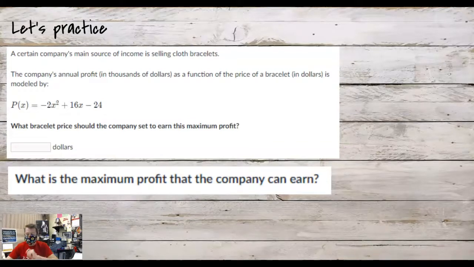I want you guys to try this on your own. Looks factorable. Be careful with the negative.